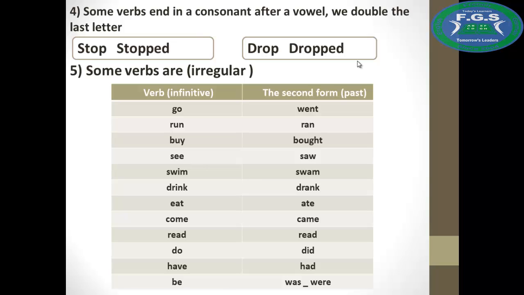Let's turn to point number five. Some verbs are irregular. What is the meaning of irregular? Irregular means the second form of the verb doesn't take d or ed or ied, but the form or the shape of the verb may change.